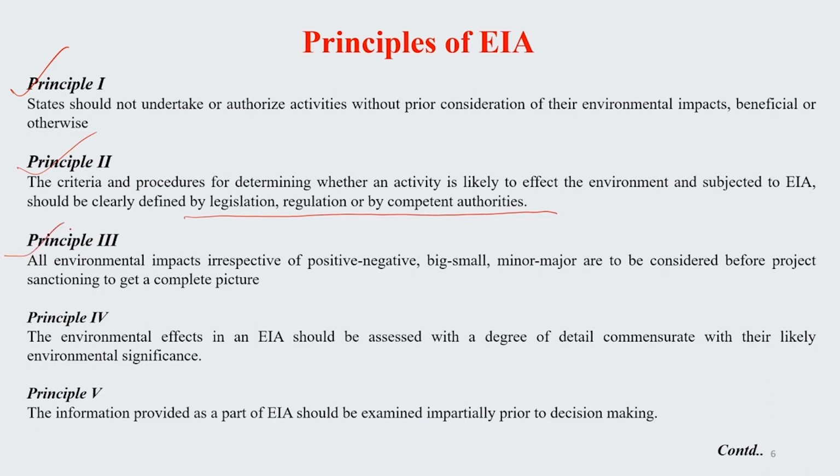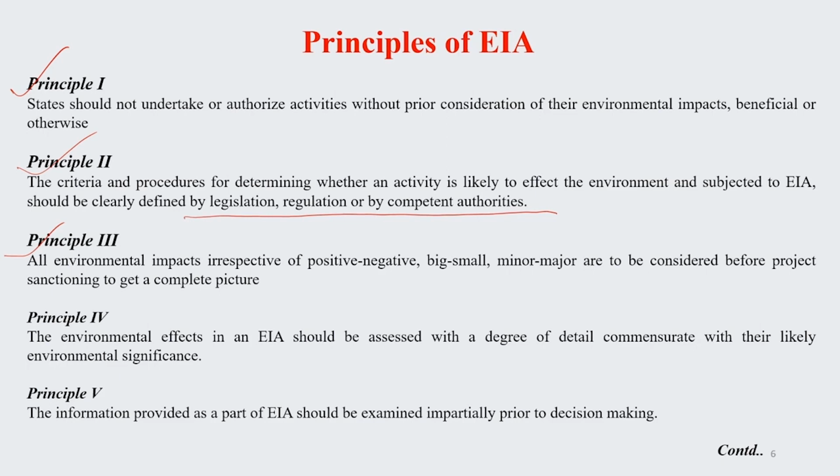Principle number 3, all environmental impacts, irrespective of positive or negative, big or small, minor or major, have to be considered before project sanctioning to get a complete picture. You cannot carry out this exercise once you have sanctioned or implemented the project. There is no use. In certain cases, you may have examples where EIA and the implementation are going side by side.